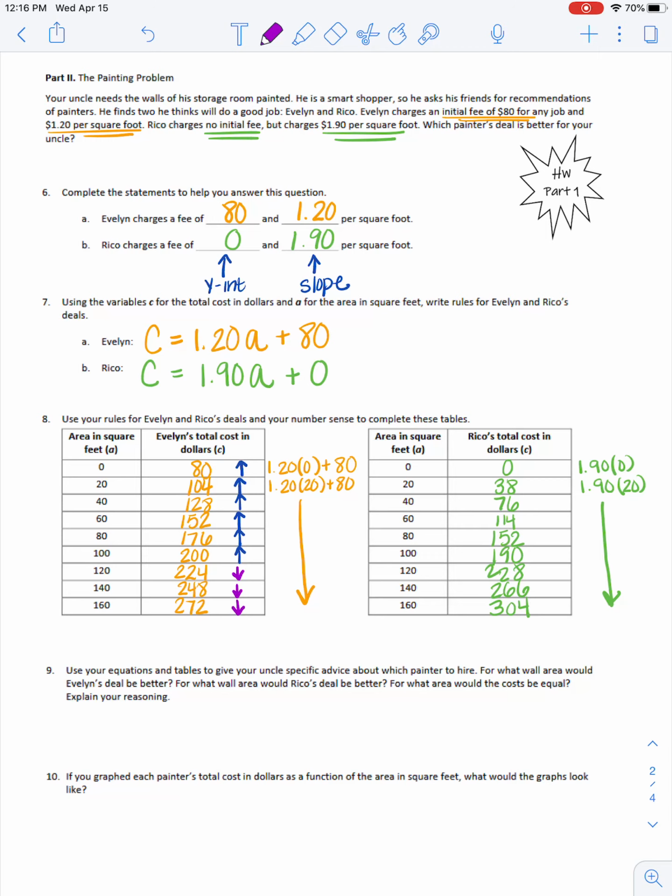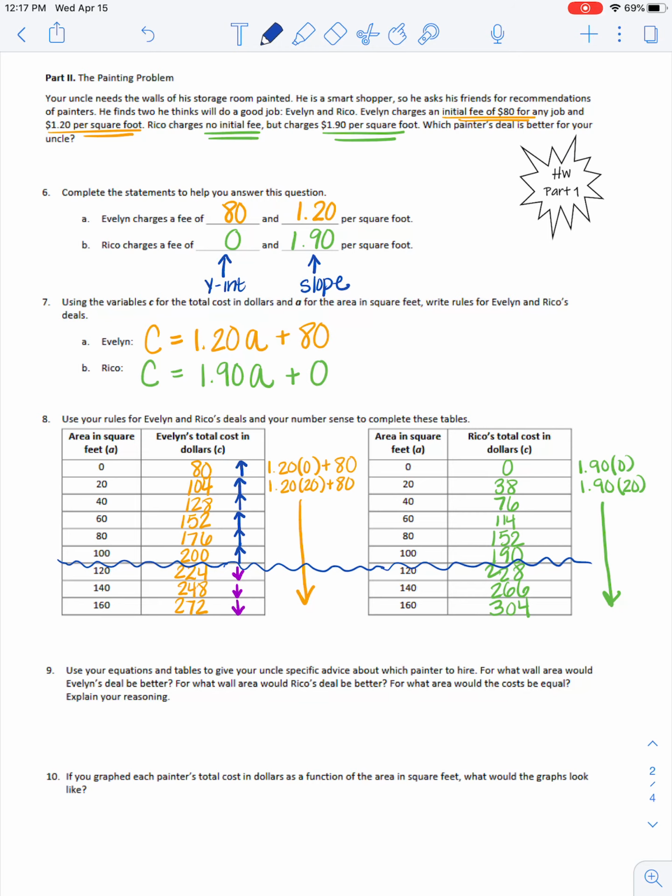So for this, I'm going to give us a little block here. Right when this changes from Evelyn being more expensive to being cheaper, okay, that's where our solution occurs.